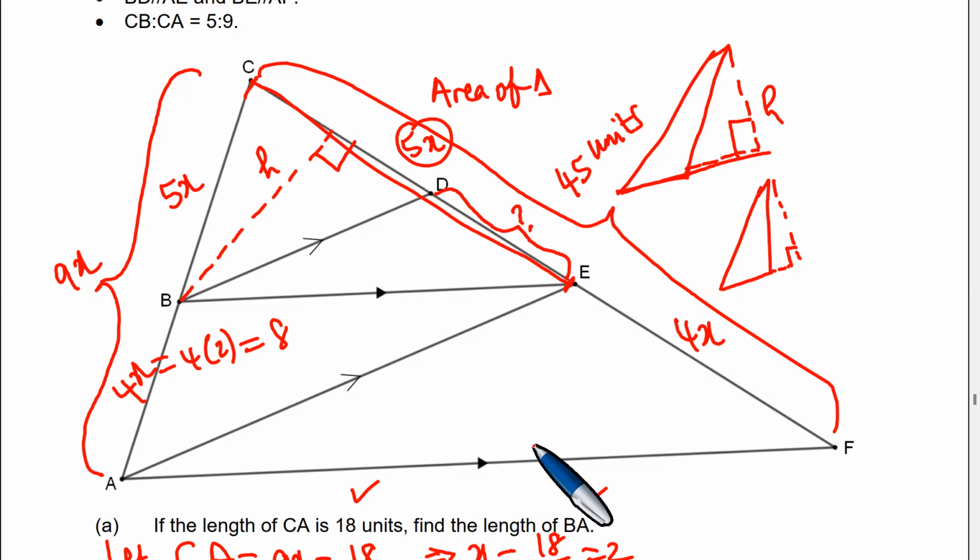So we just need to find the length of DE. How do we find the length of DE? In particular, it's done already, a long time ago.